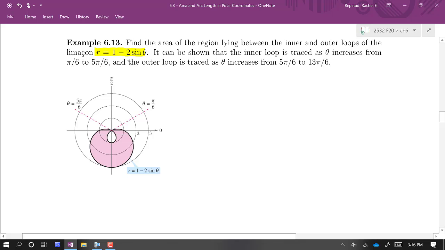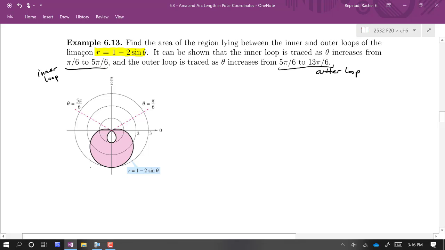It says it can be shown that the inner loop is traced as theta increases from pi over 6 to 5 pi over 6. And the outer loop starts at 5 pi over 6 and goes up to 13 pi over 6. And we want the area in between.